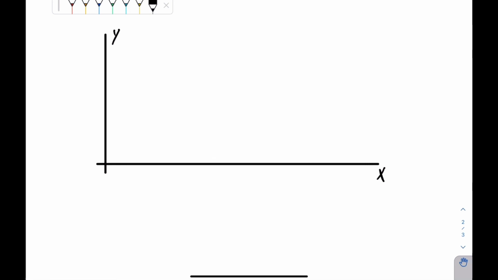So we will be launched with some initial velocity. We shall call the magnitude v naught, which can be divided into v naught cos theta and v naught sine theta, given that theta is the angle that we launch with.